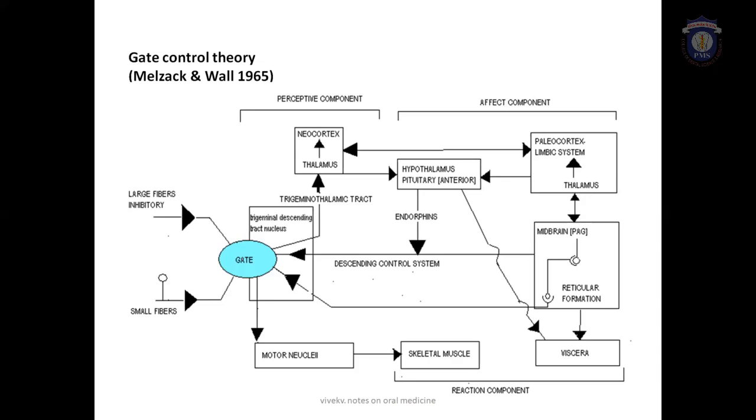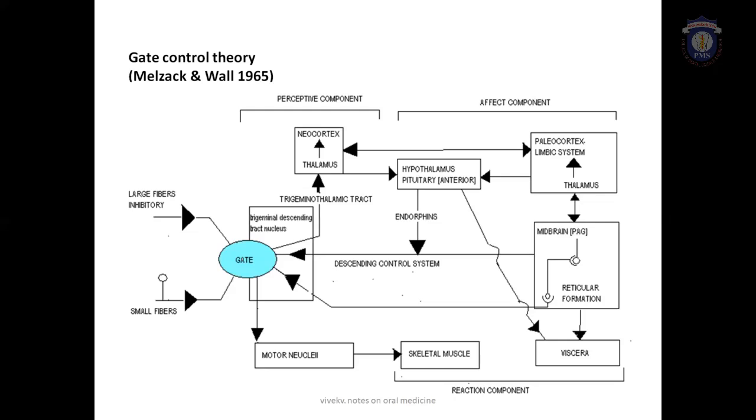As you can see in this picture, you have a series of activities that occur along with a painful stimuli. And this gate control theory can definitely address the perceptive and affective component of pain, and also to a large extent the reaction to pain.